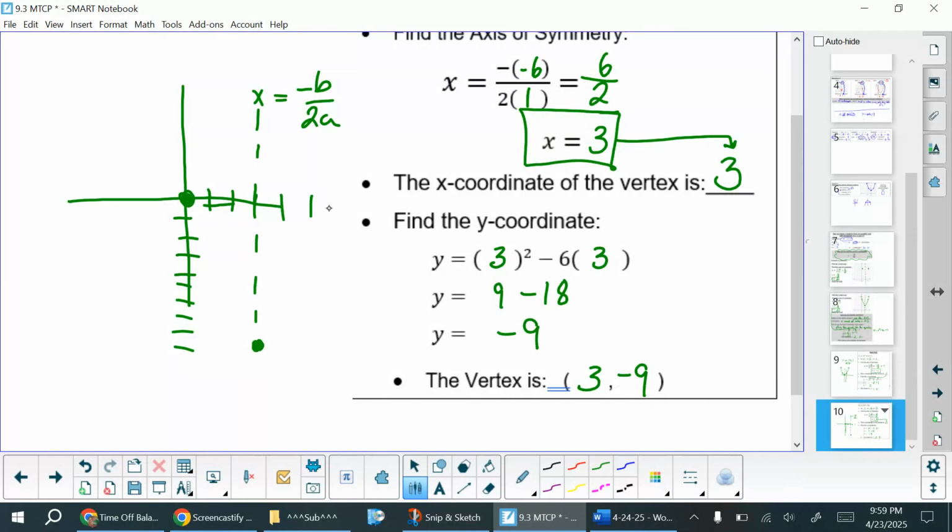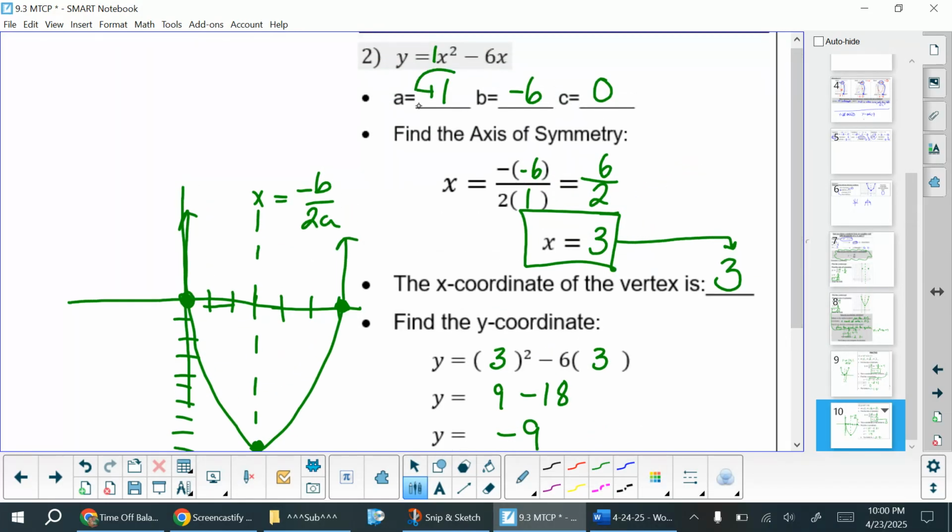And I can plot another point by saying, okay, well, 1, 2, 3, 1, 2, 3. That's my other point. And draw the graph. And then make a little double check. This is an up graph. Well, A was positive, so yeah, that matches. It definitely should have been up.